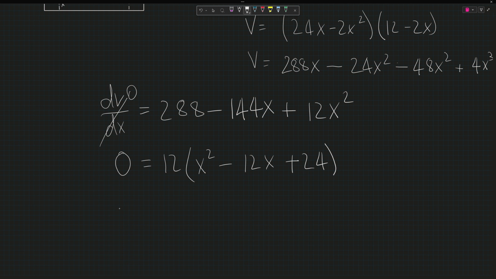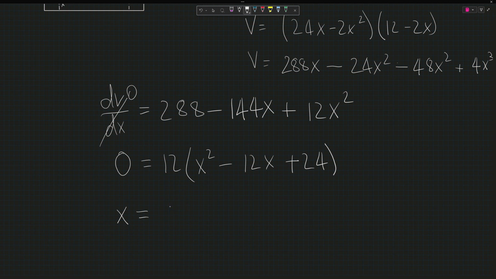So what I'm going to do here instead is go for the quadratic formula, because this is not factorable. And having no 12 helps us speed up the calculation, because we're factoring out a 12 from every single term. The math still checks out.